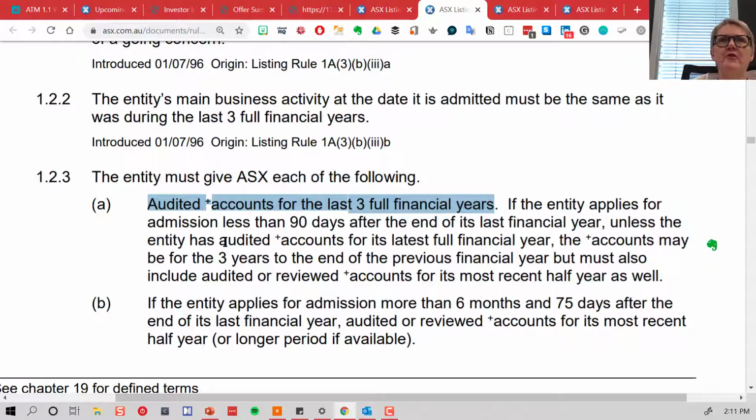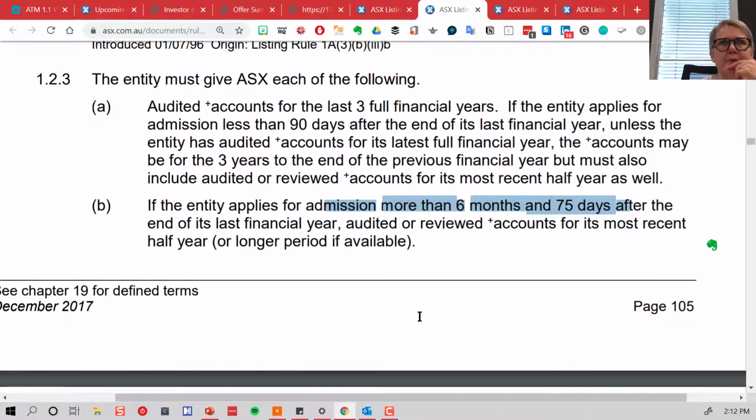There are very few rules in the law that actually require things to happen within a specific timetable, but most of them are to do with how old the financial information is, just making sure financial information is new. So if it's more than 6 months and 75 days after the end of a financial year, you need to provide half-year accounts as well.